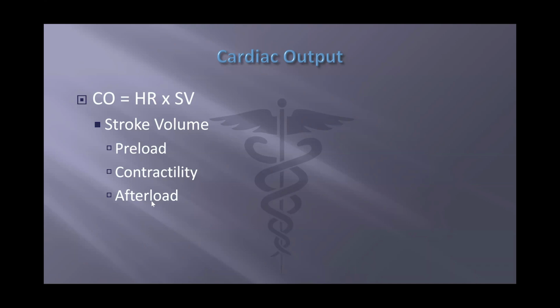More constricted blood vessels are harder for blood to get pumped into, but under a higher pressure. With more dilated vessels, blood's easier to pump into, but at a lower pressure, so it might not go as far. So afterload is very important in terms of cardiac output as well. These three things create stroke volume, which times heart rate gets our cardiac output.